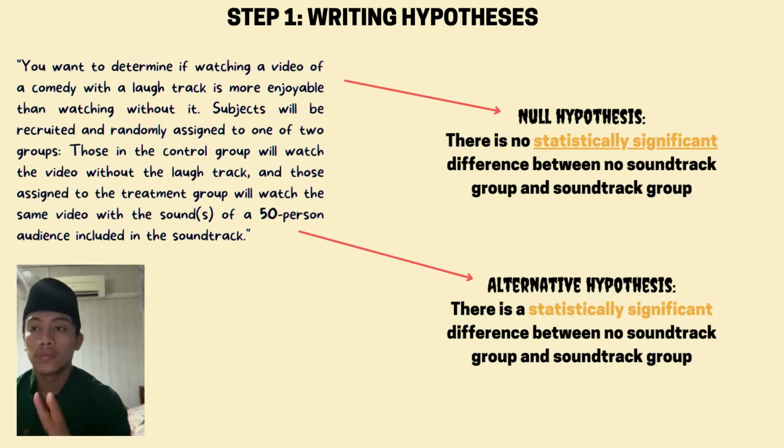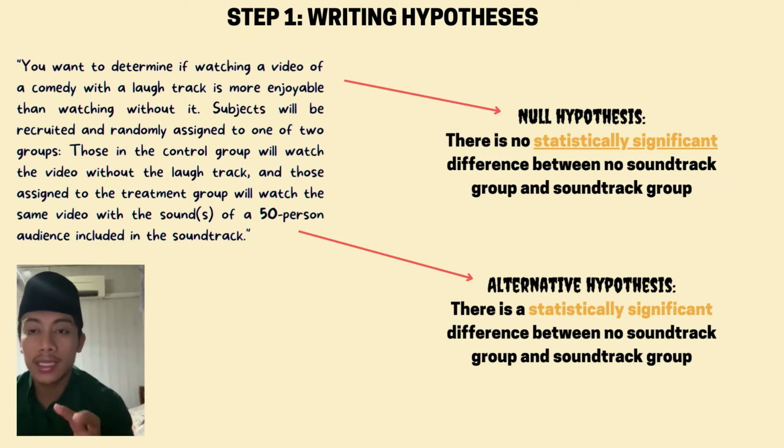So we need to write our null hypothesis and also our alternative hypothesis. For the null hypothesis, there is no statistically significant difference between the no soundtrack group and the other group, which is the soundtrack group.